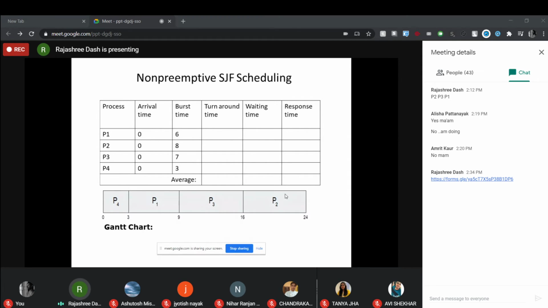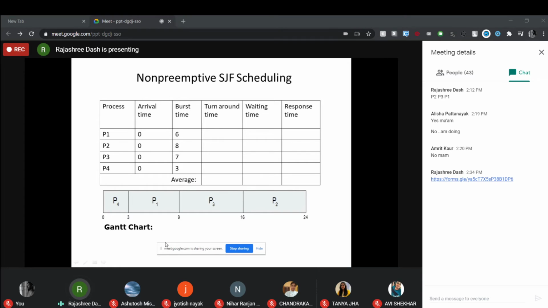Non-preemptive SJF scheduling. Suppose four processes are given here: P1, P2, P3, P4. Let's assume the arrival time for all four processes is 0. The burst time for P1 is 6, for P2 it is 8, for P3 it is 7, for P4 it is 3. Now check how the processes will be allocated to the CPU.